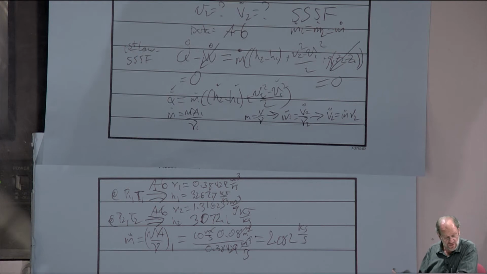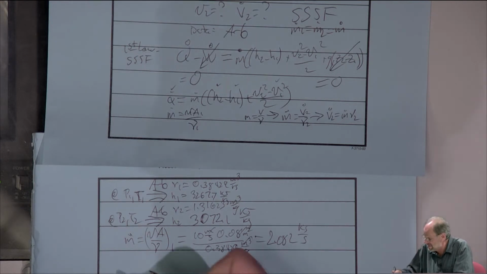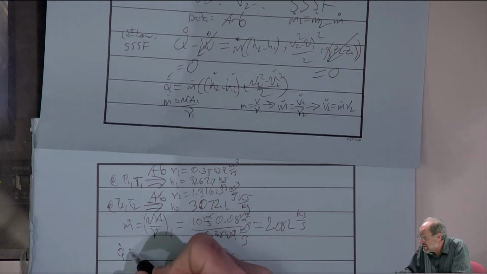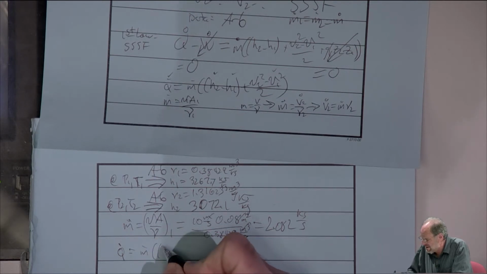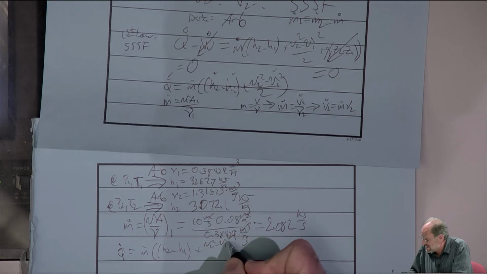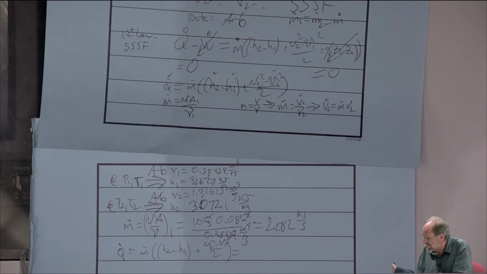Next, we want to solve our first law equation. So Q dot equals m dot times the enthalpy change plus kinetic energy change. So just plug in some numbers.